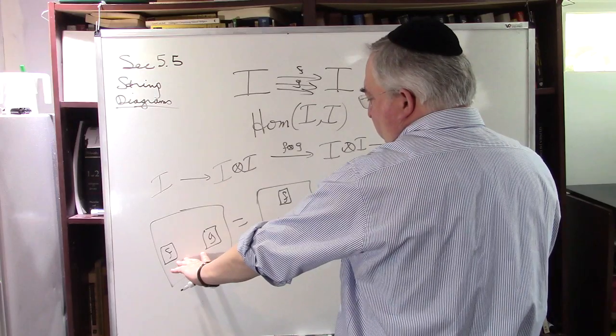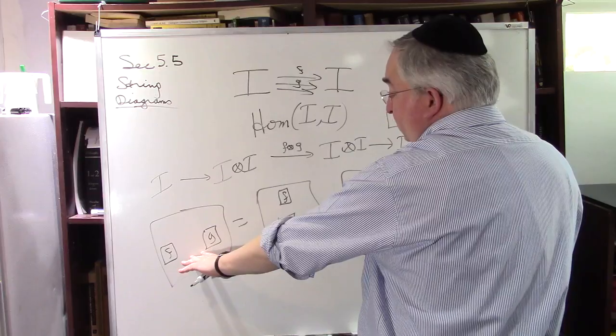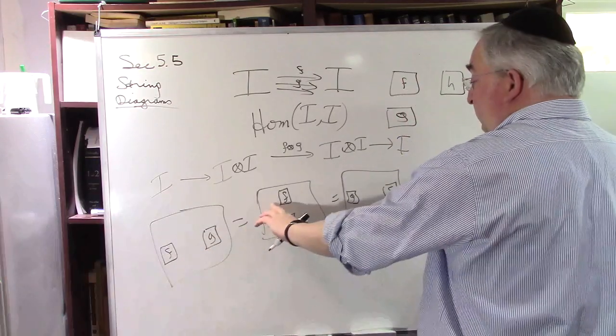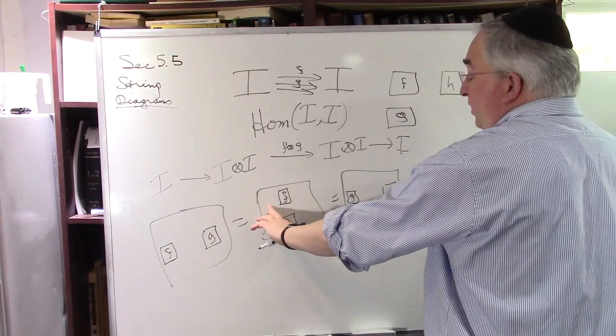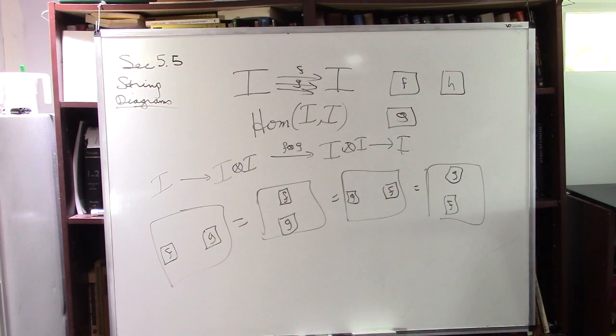The fact that these two are equal says sequential processes are commutative. The fact that these two are equal says parallel processes are commutative. Okay, nice.